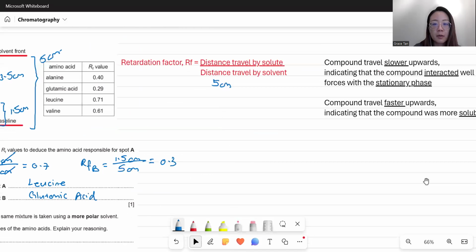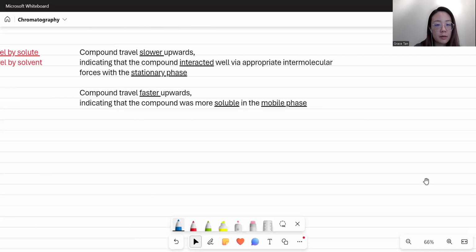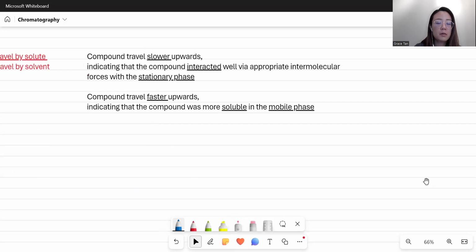Let's look at the notes. Compounds that travel slower upward, in this case spot B, only traveled 1.5 centimeter from the baseline.